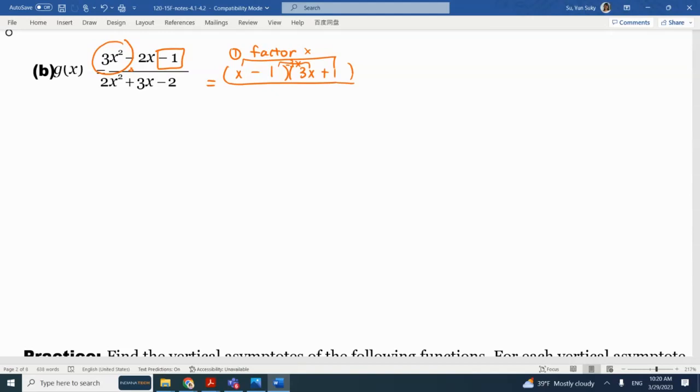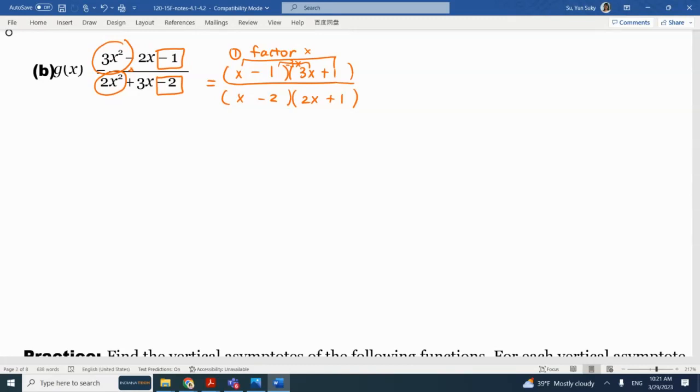Okay. So that is the numerator. Denominator, Quinton. What are the factors of 2x squared? Yes. What are the factors of negative 2? Negative 2 and 1. So we don't know which one works, okay? So we just put negative 2 and 1 and see if that works.